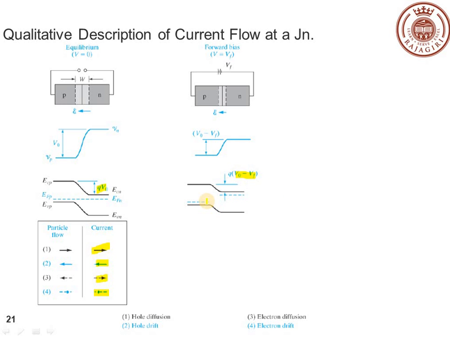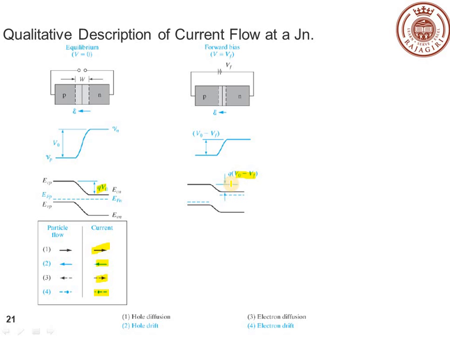And once you have applied the forward bias, the Fermi levels will split. They won't be constant again because you are applying a bias. The shift between these two Fermi levels, EFP and EFN, is Q into VF. That value is subtracted from the energy barrier Q into V0, so our net barrier will be decreased.